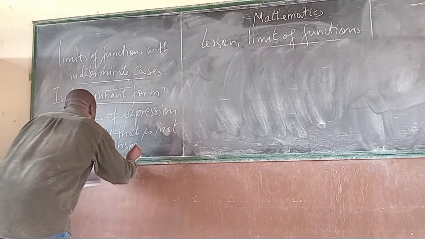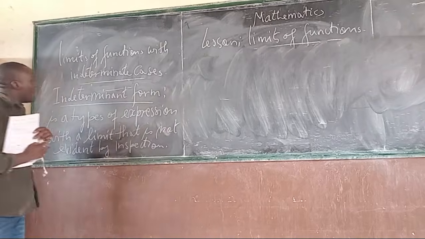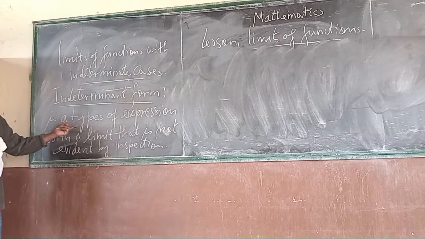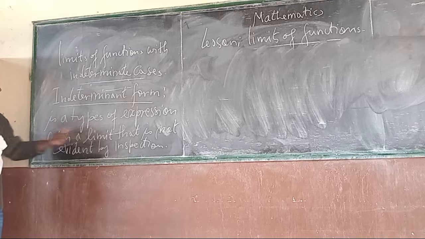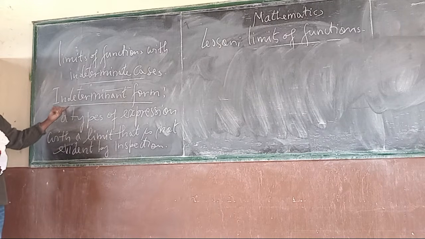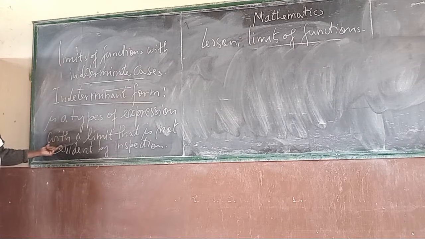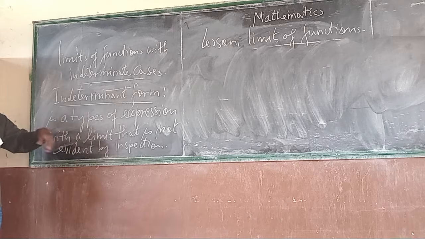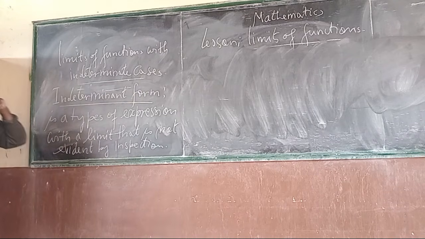By inspection. This is how to define indeterminate form from your textbooks. We define indeterminate form as a type of expression with a limit that is not evidenced by inspection.